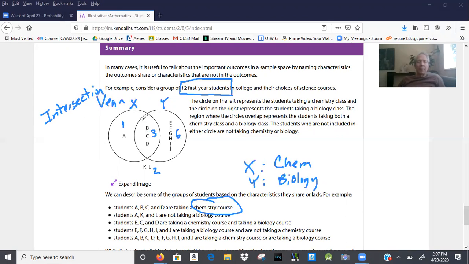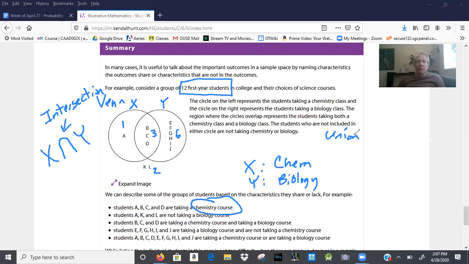You could also call it the overlap because the 2 circles overlap, but there's a way to write this. If I want to talk about that area in the middle, I can talk about X and what looks like an upside down U and Y. This is the symbol for intersection, and it means those things that belong in both sets. If I want to specify everything in both circles, that's what is known as the union.